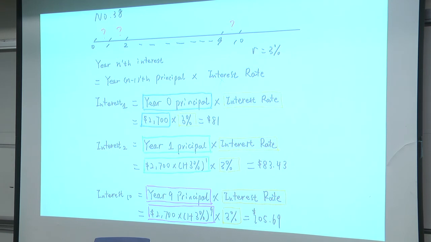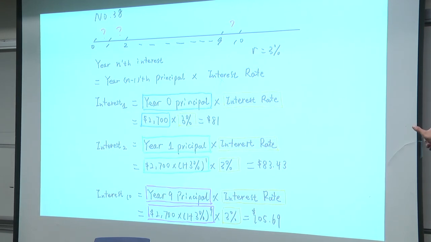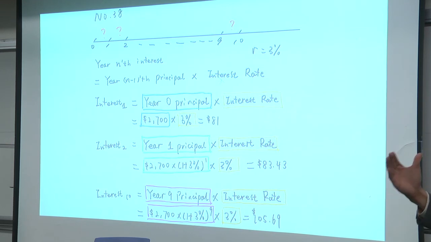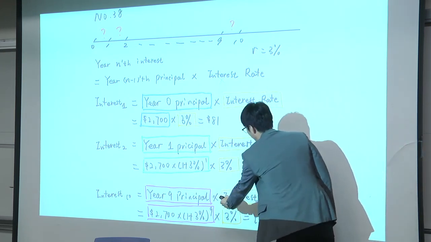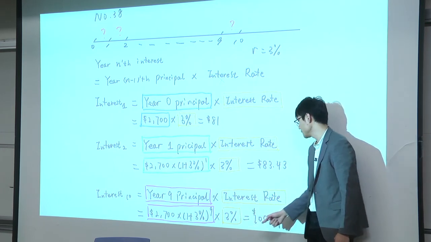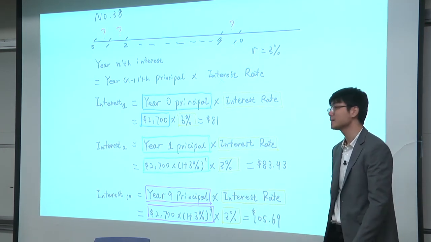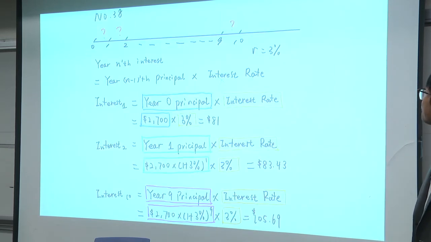What's your total saving at the end of 9th year? It's 9 years of compounding, right? I'm talking about the total amount. I'm not just talking about the interest amount. So that will be $2,700 times 1 plus 3% to the 9th power, multiplied by another 3%. That will go to $105.69. All right? So the answer is C.